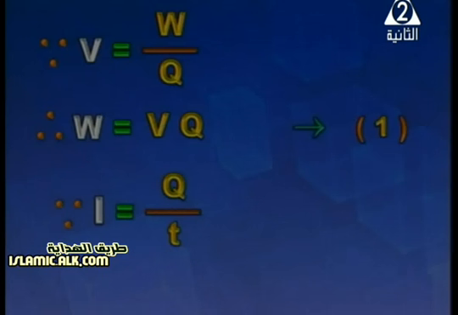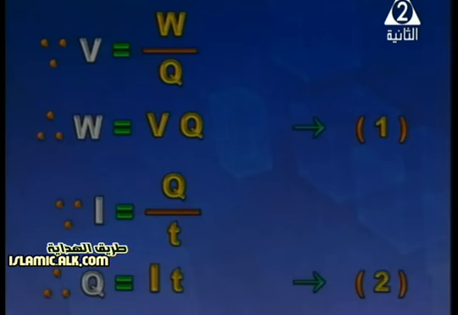It was VQ, and substituting for Q, it will be VIT. So W, electric energy, is equal to VIT, where V is potential difference, I is current intensity, and T is the time.